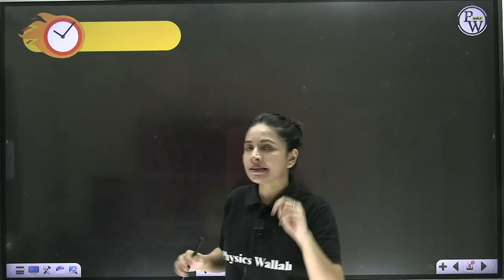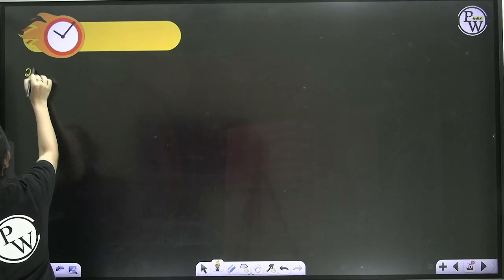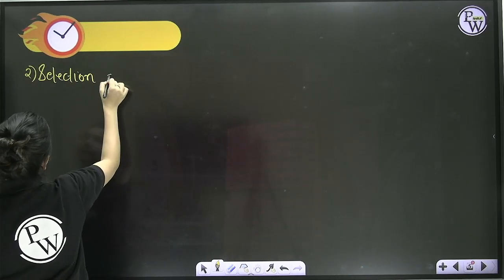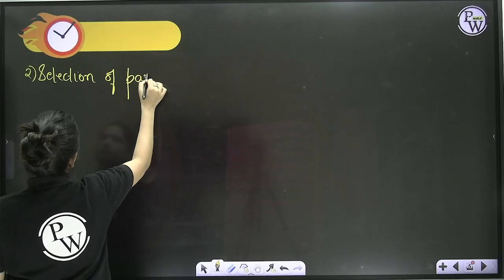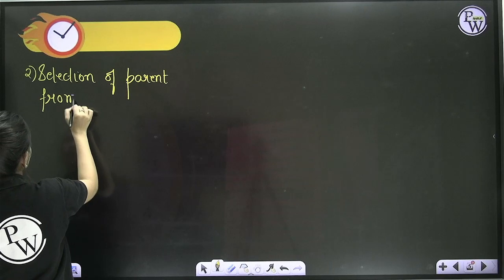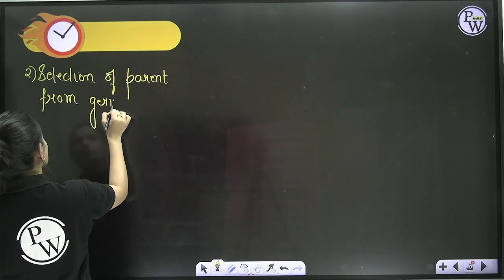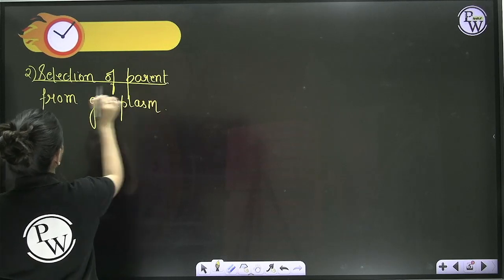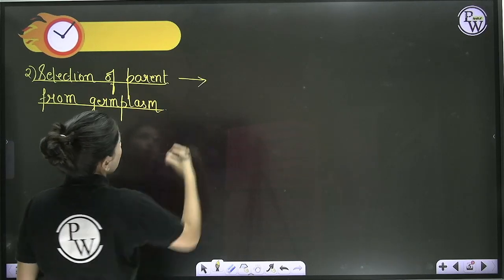So the second step is selection of the parent from germplasm. Now what are you going to do?